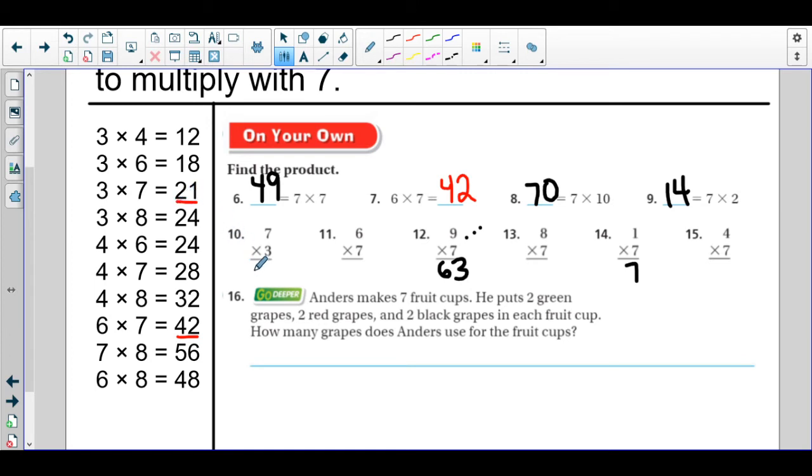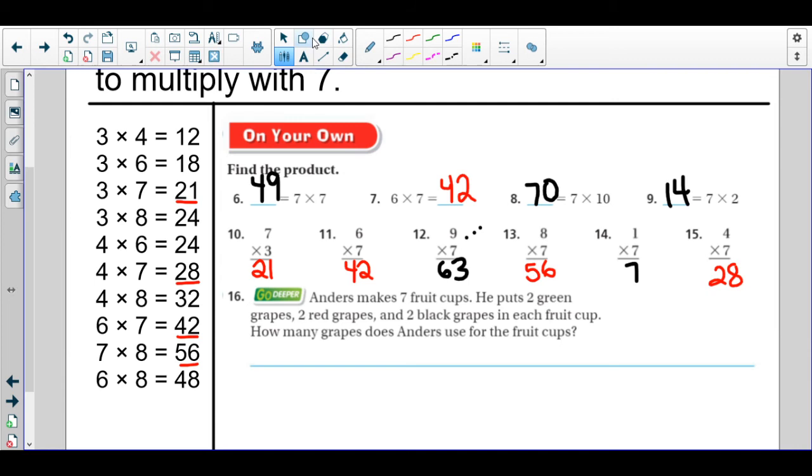That one's right there, 21. 6 times 7, again, that's 42. 8 times 7 is 56. And let's see, it was right there. And 4 times 7 is 28.